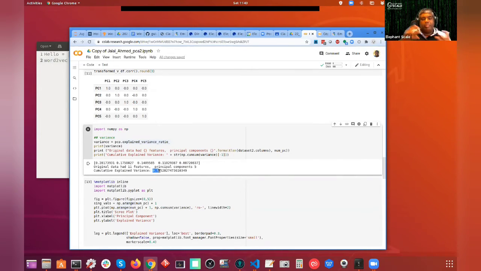Imagine you are compressing a photo. You will never see the original representation when you compress it. The idea is to keep as much of the original data but with a much smaller size. So you're definitely going to lose some data and never get 100% coverage. But if you're happy with 80% coverage, you can get by with 5 components.